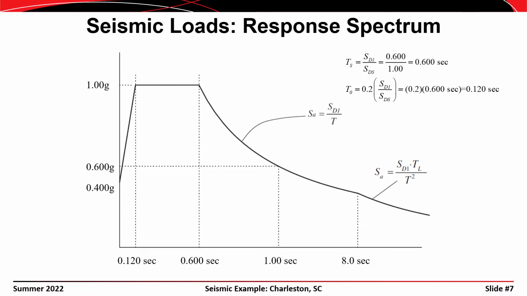On the vertical axis, for the spectral acceleration, at the peak, we have a value of S sub A equal to S sub DS of 1 times G. Then we have the 1 second period acceleration, S sub D1 of 0.6 times G, and then the root of the sloping portion is 0.4 times G.